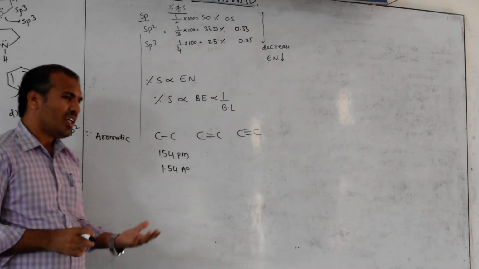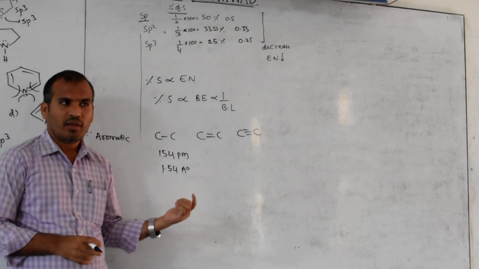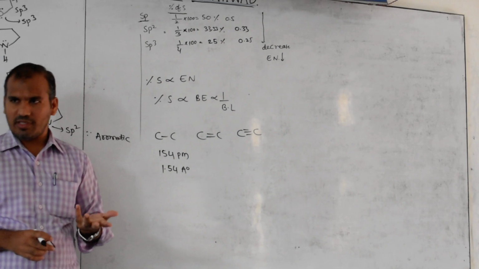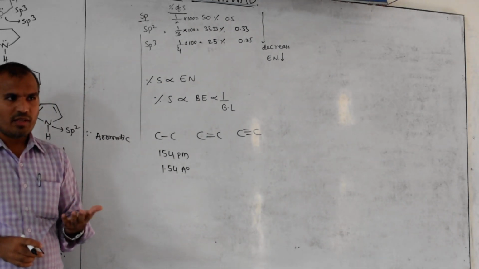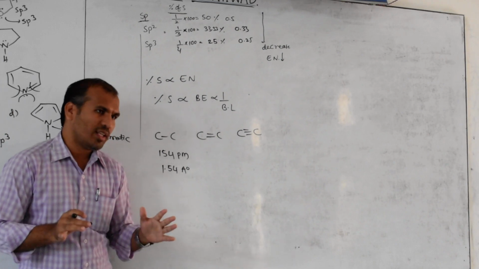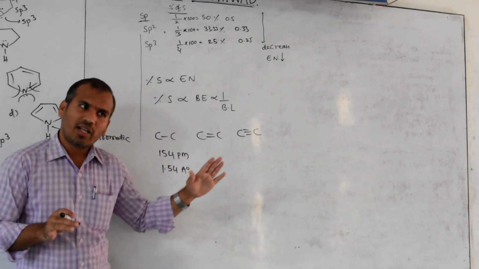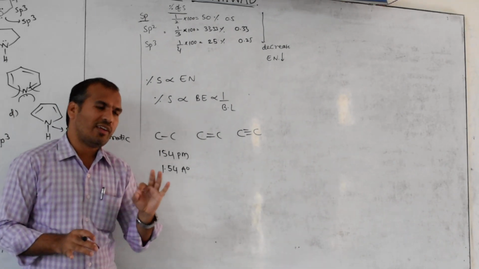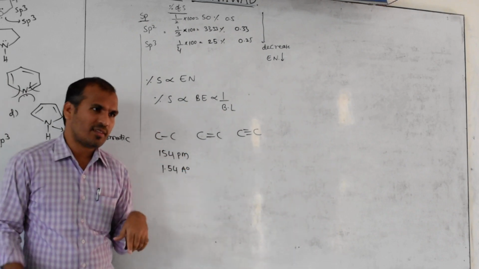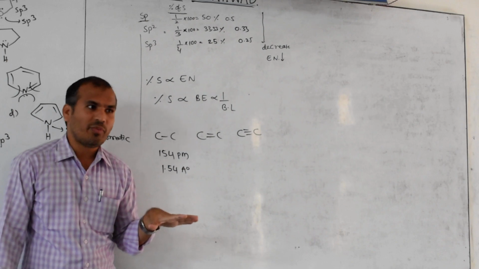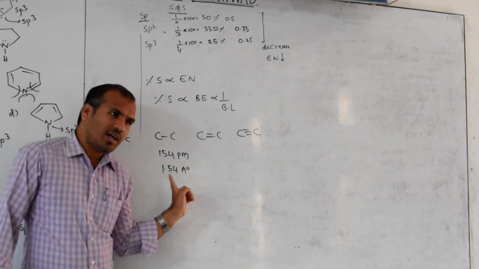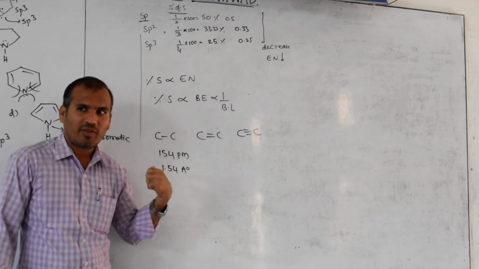But in examination, I give it in picometer because in textbooks they follow picometer. Got the point? In the chemical bonding chapter, or in every chapter you can consider, bond lengths are given in picometer, not in angstrom. Old books give in angstrom; new books are all in picometer.